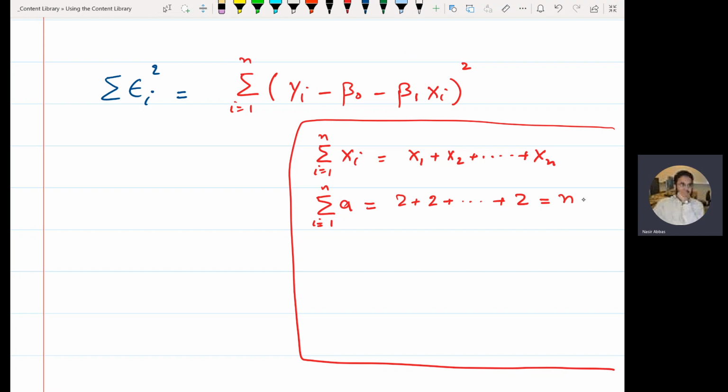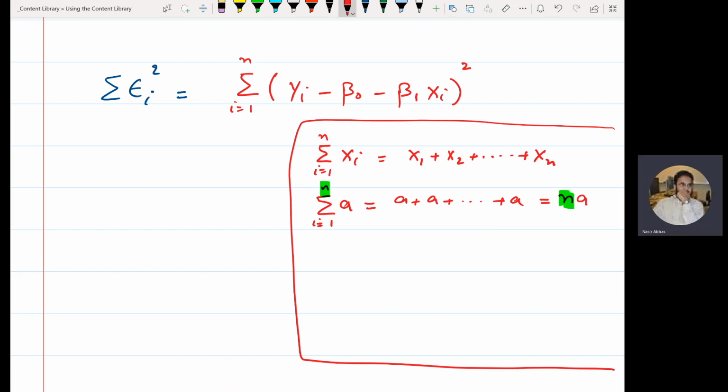It will be n times a. Very nice. So when the summation is applied on a constant, you get n times that constant. Where is this small n coming from? It's the number of times summation is applied. Clear?